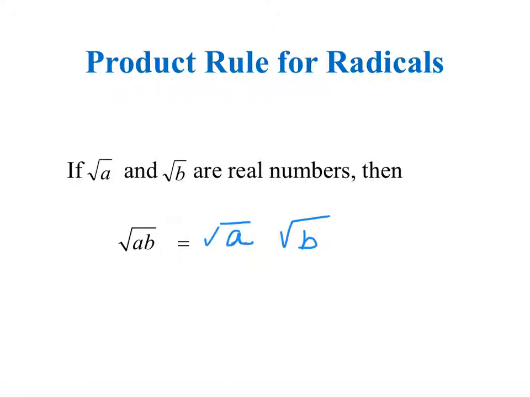So basically, the root of a product is the product of their roots. The radicals basically can be broken apart or actually put back together if that was something that you would need to do.